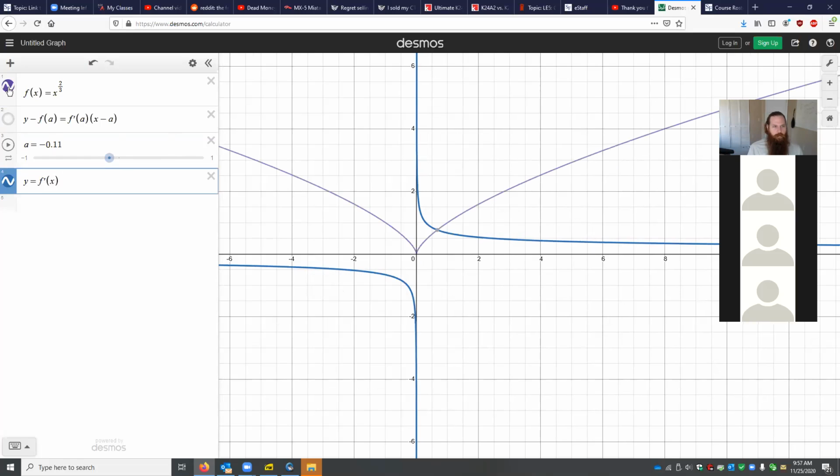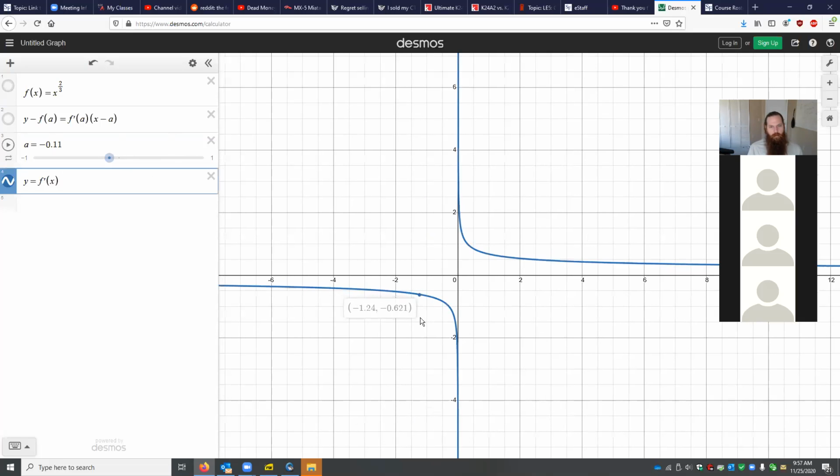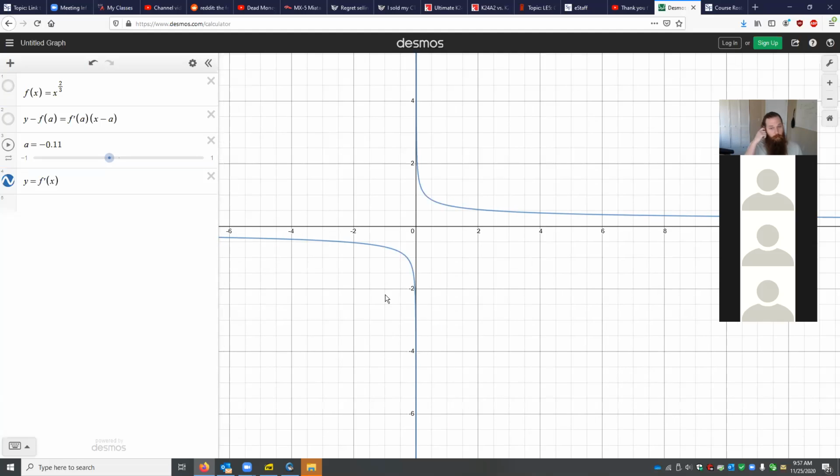So to find vertical tangents for f, you figure out where f prime is blowing up to infinity or negative infinity. The square root function also has a derivative which is undefined at 0, but it doesn't have a vertical tangent there because, while its derivative is undefined at 0, it's not blowing up to infinity. So I just want to make that little distinction.